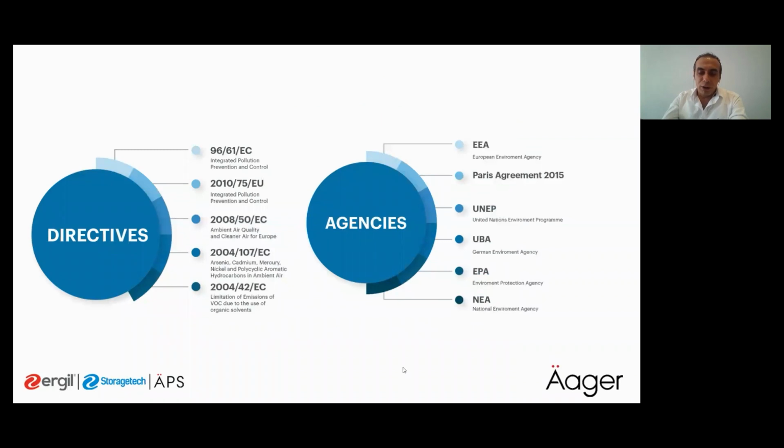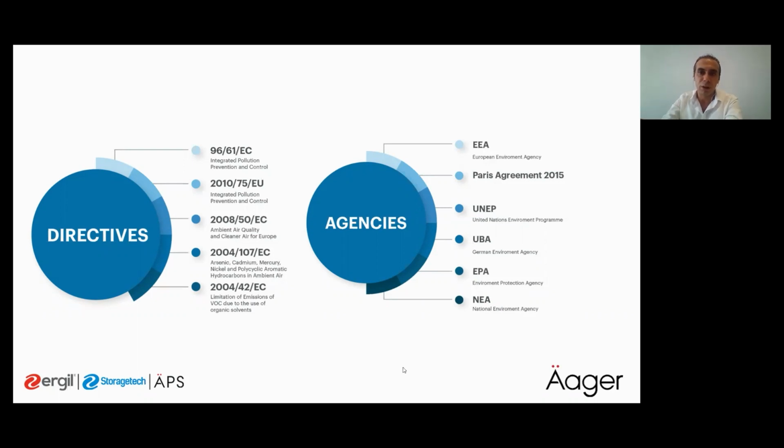In the directives and the standard sides, European nations have some directives: the integrated pollution prevention and control directive, the ambient air quality and cleaner air for Europe directive, and the limitation of VOCs, volatile organic compounds, directives. And also around the world, some agencies are making these directives and controlling.